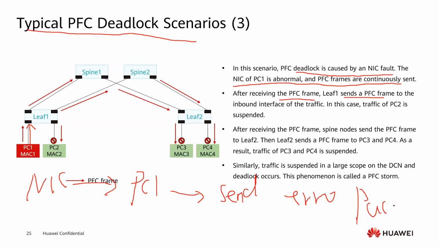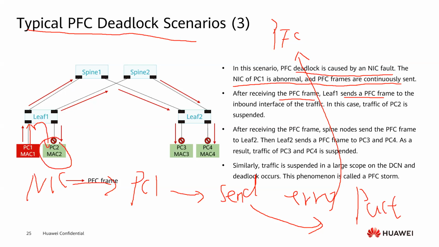I think it's easy to understand. It will always send the error packet. For example, this error packet, unfortunately, is a PFC frame. So PC1 sends the PFC frame to leaf1, and leaf1 sends the PFC frame to PC2.